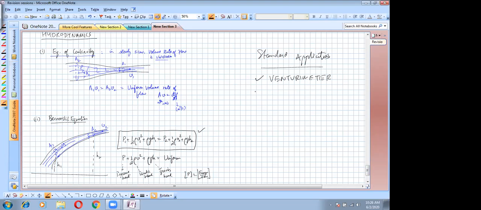Then the velocity of efflux concept. The concept of reaction force due to efflux. So very simple, 3 or 4 standard type of situations where we look at application of this.